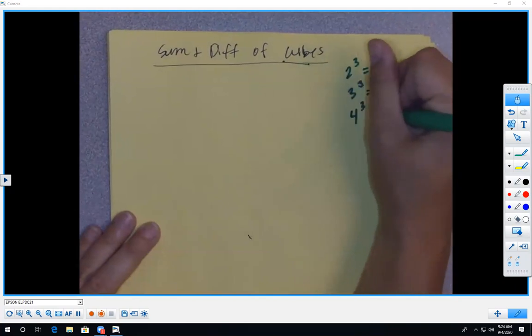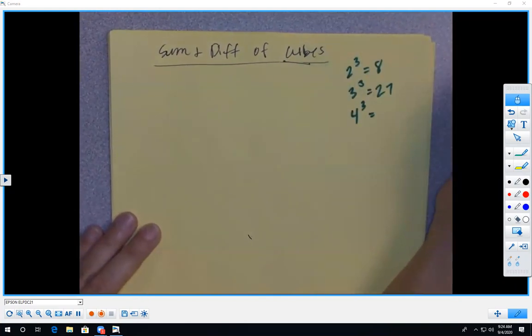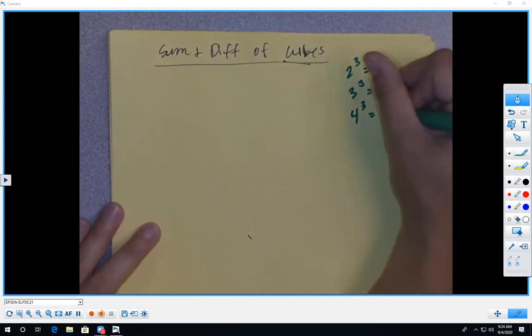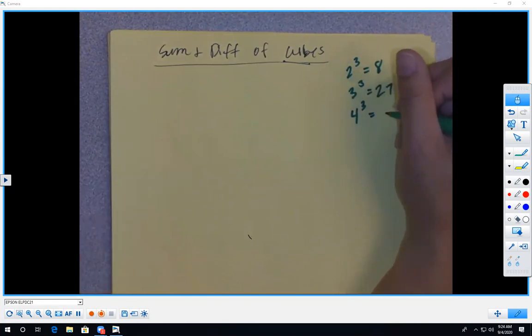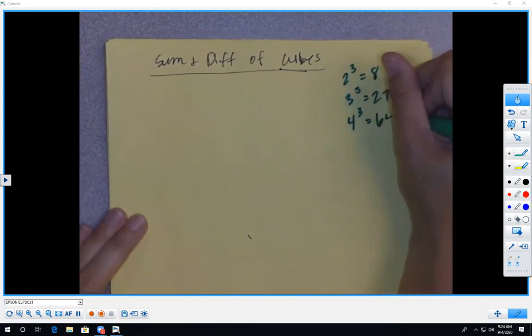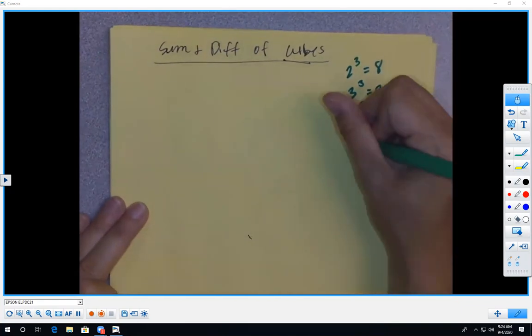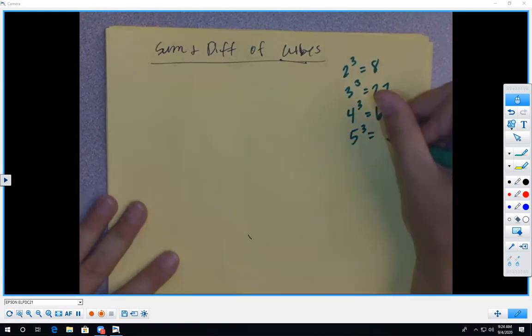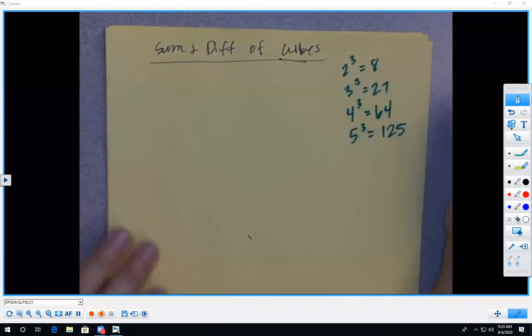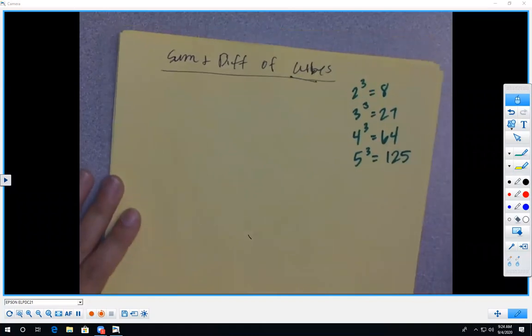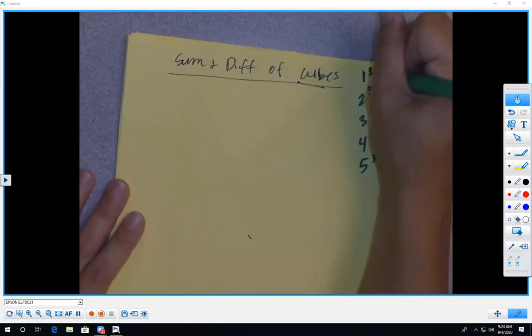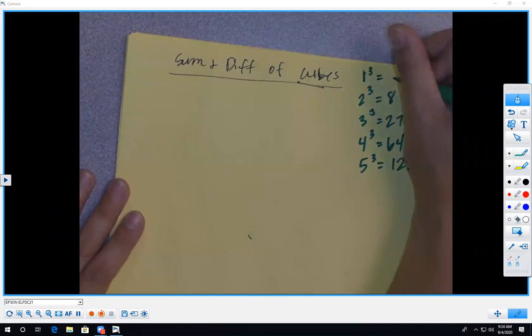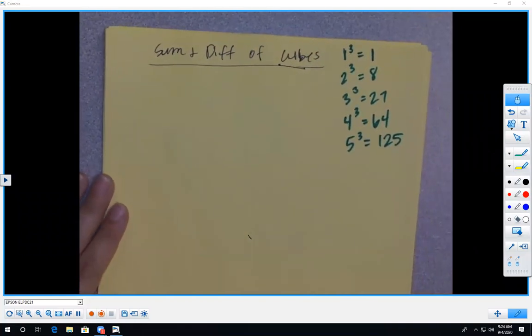What about 4 to the third power? 4 times 4 is 16, 16 times 4 is 64. 5 to the third power? 5 times 5 is 25, 25 times 5 is 125, right? And then I forgot, what's 1 cubed? Just 1. So these are the numbers that are your perfect cubes.